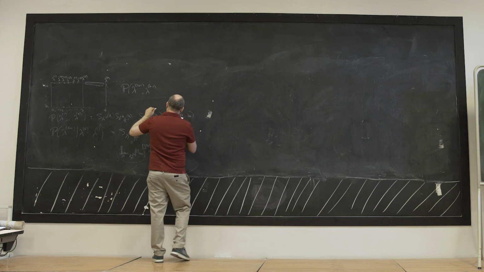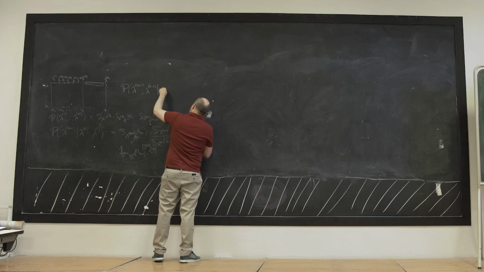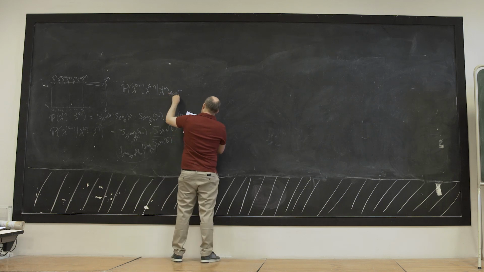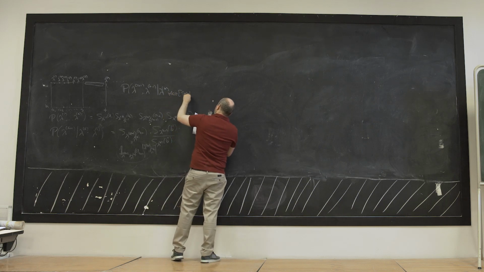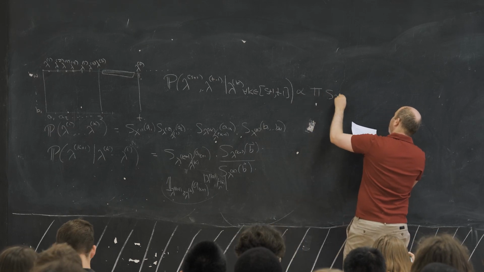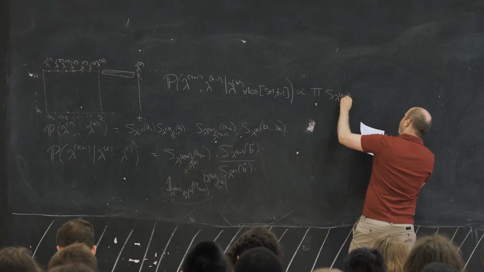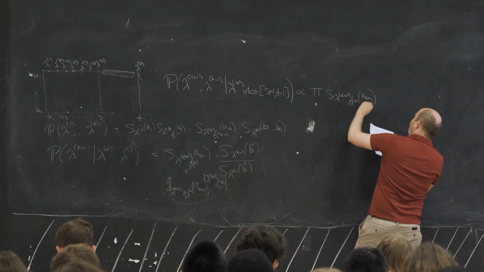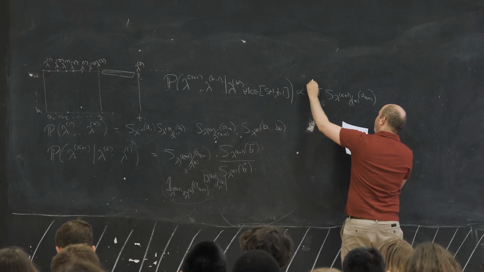Well, first of all, it only depends on the value of lambda s and the value of lambda t. You can see that directly from this type of expression. And it's proportional to the product of the s lambda k+1 over lambda k, a k+1, for k between s and t-1.